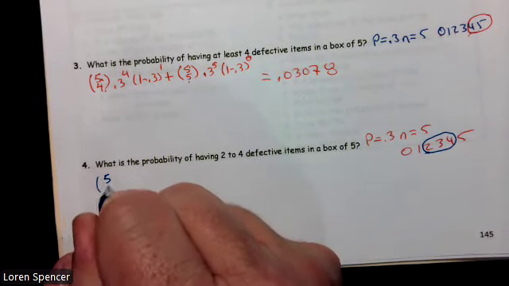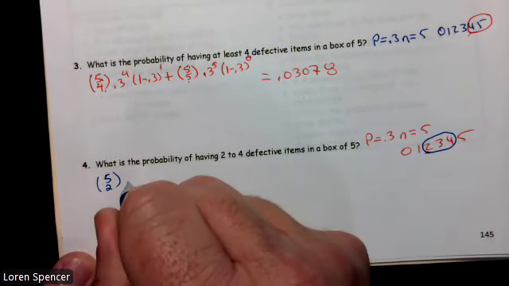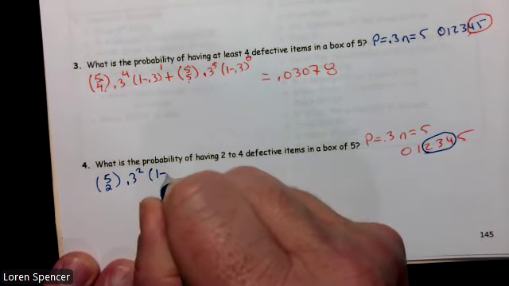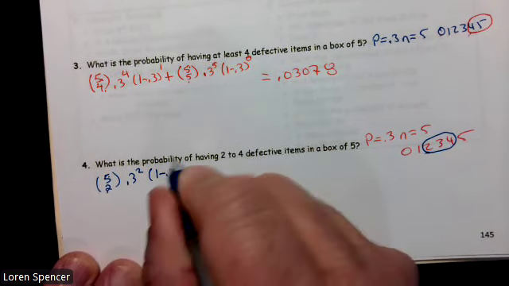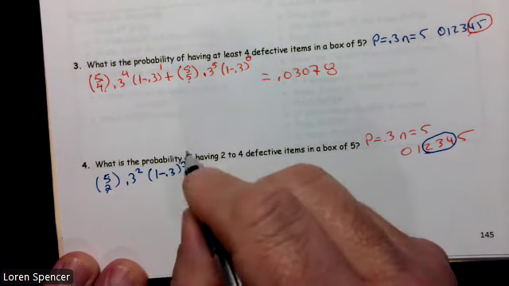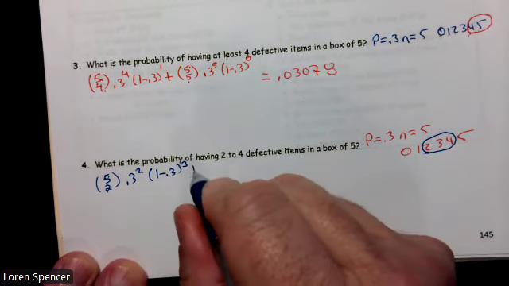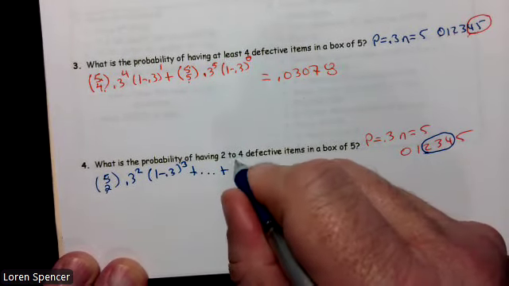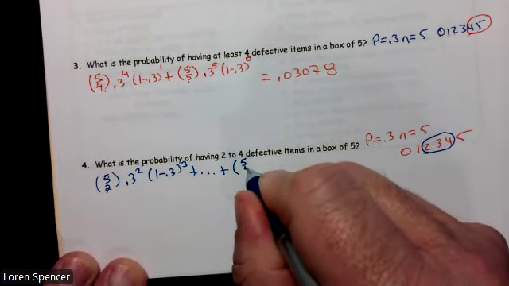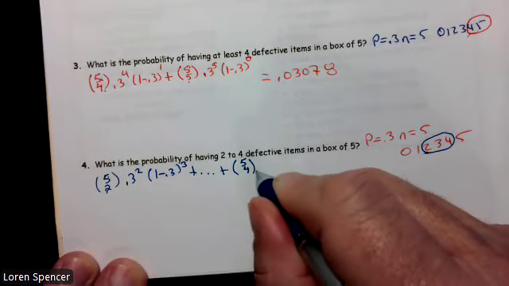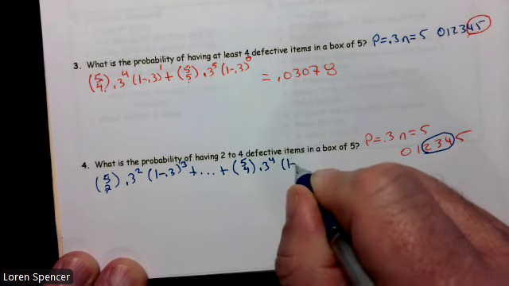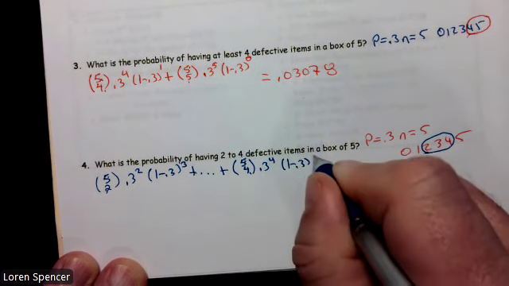So 5 choose 2, 0.3 squared times 1 minus 0.3. Well, 5 minus 2 is 3, so this is 3, plus dot, dot, dot. Going to do the highest one: 5 choose 4, 0.3 to the fourth, 1 minus 0.3, and 5 minus 4 is 1.